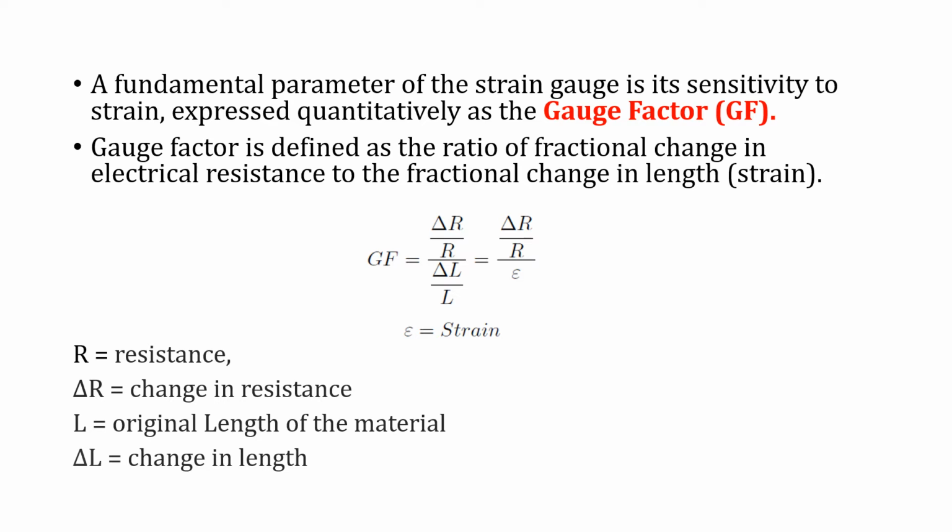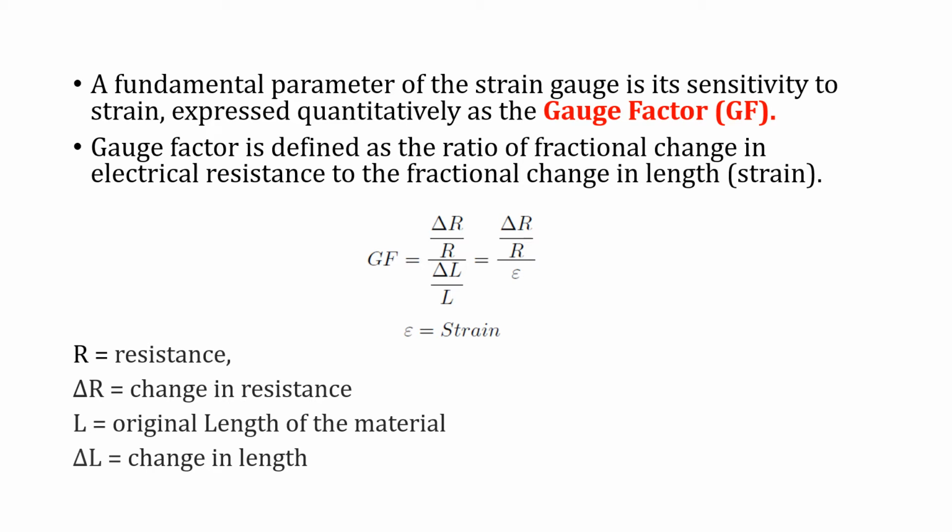Delta R is the change in resistance divided by the original resistance, as a ratio to the change in length with the original length. We can write delta L by L as epsilon, which is nothing but strain. So gauge factor equals (delta R by R) divided by epsilon, which is proportional to the strain.